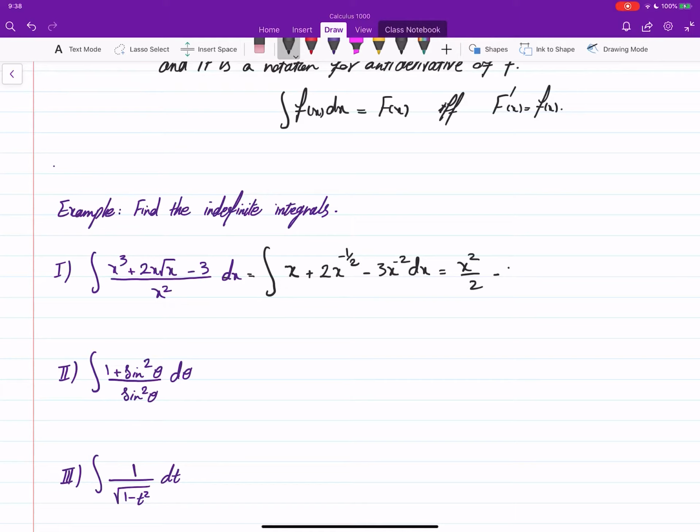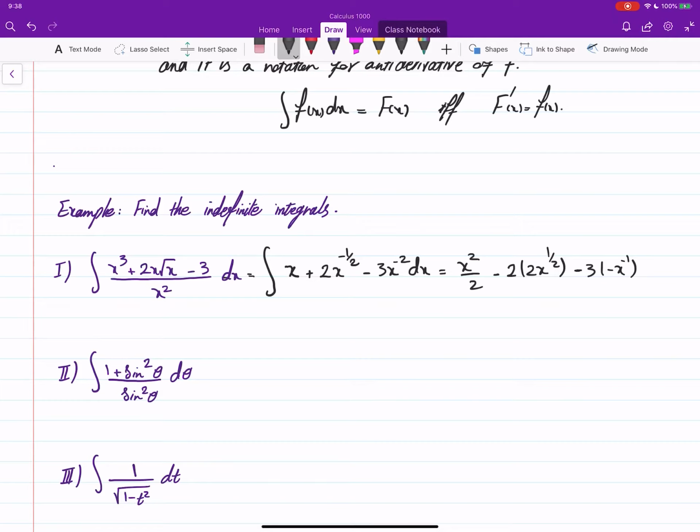So it will be 2x to the power half, negative 2 times that, and then for the last one, this is negative 3 times negative x to the power negative 1.